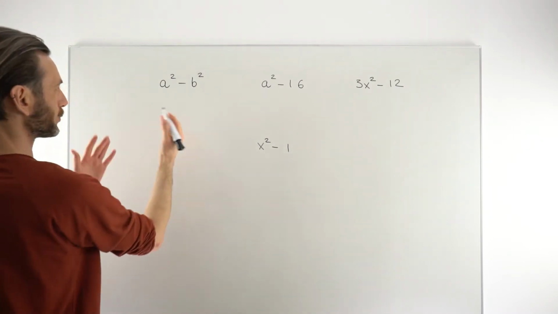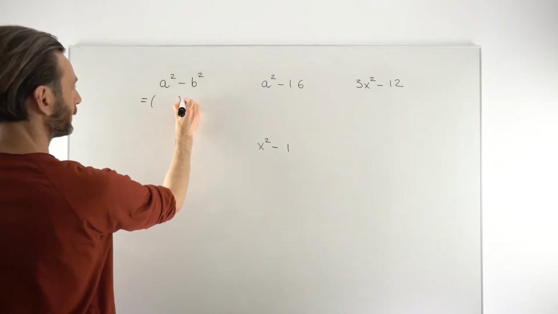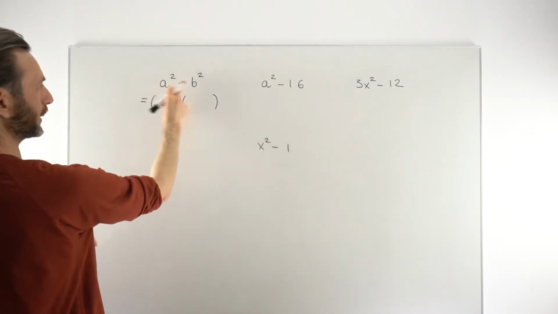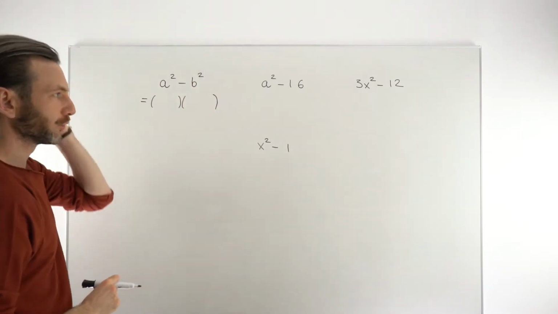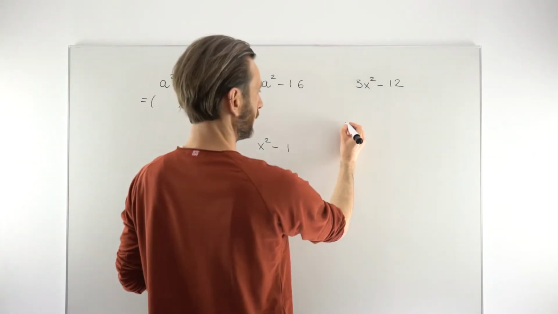The way this works is that we consider how the brackets will look, so that if you multiply out the brackets, you would get back to this. Remember, when you're multiplying out brackets, let me put an example over here.